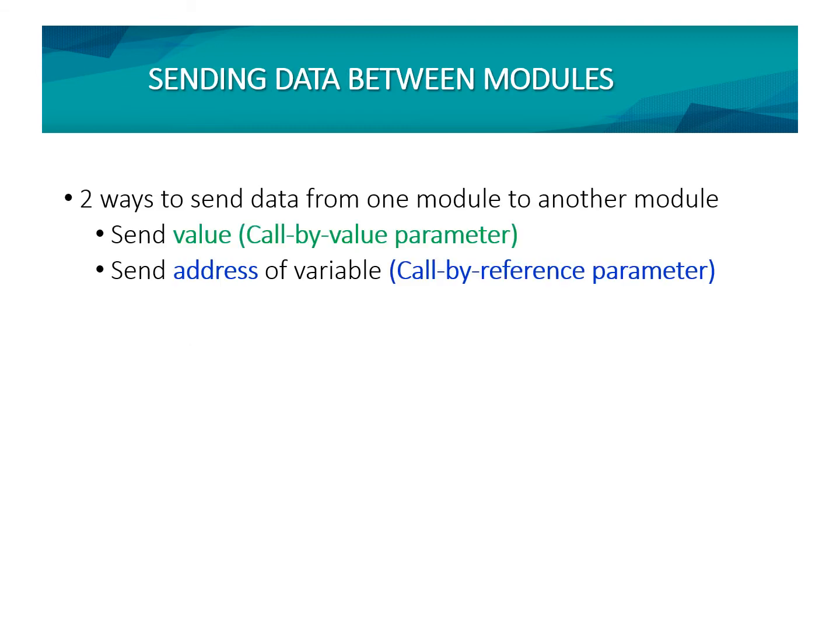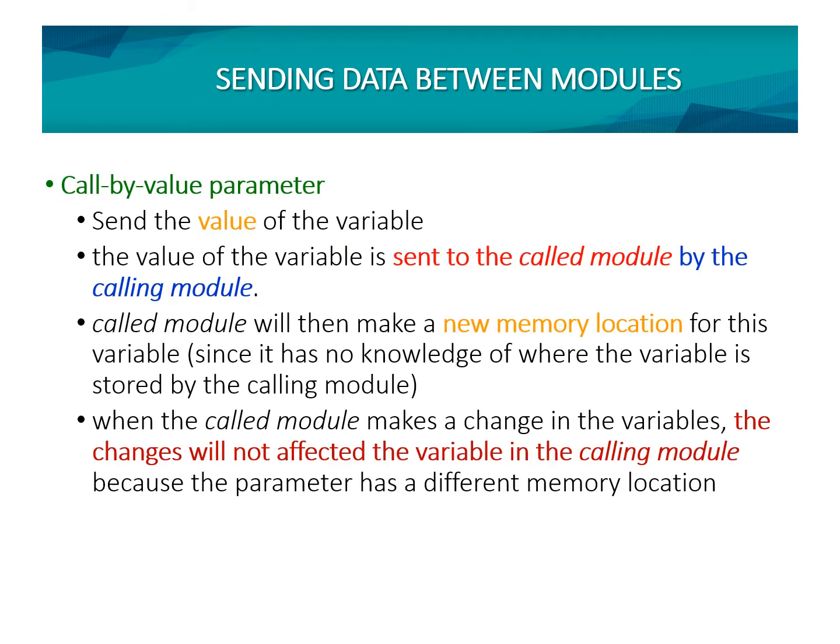There are two ways to send data from one module to another: call by value parameter or call by reference, as I mentioned in the previous slide. First, with call by value, we send the value of the variable to the call module from the calling module.